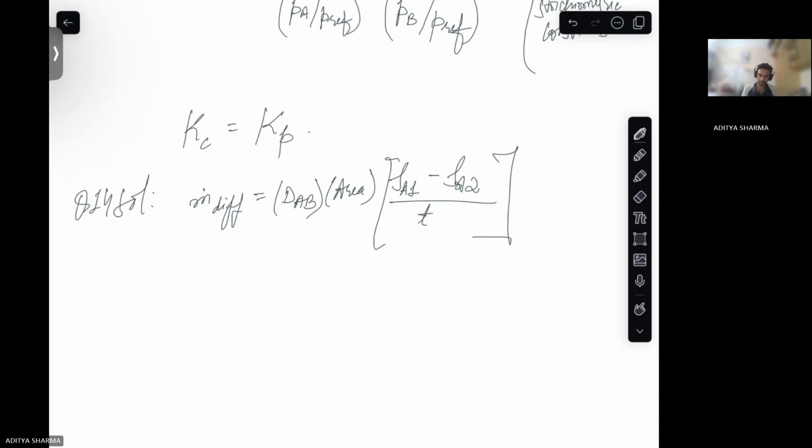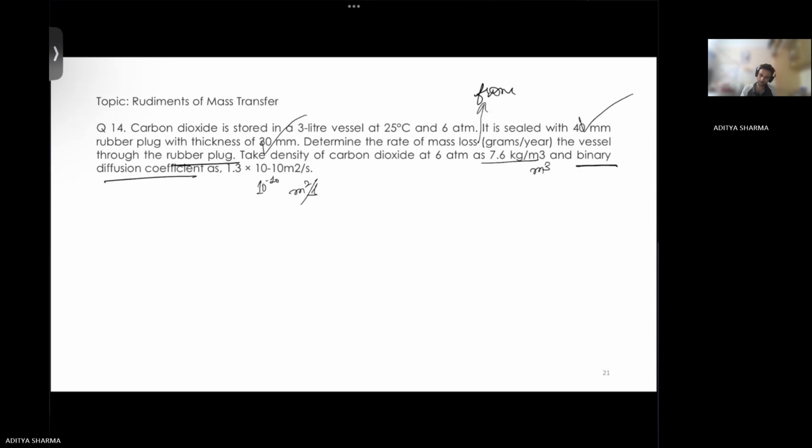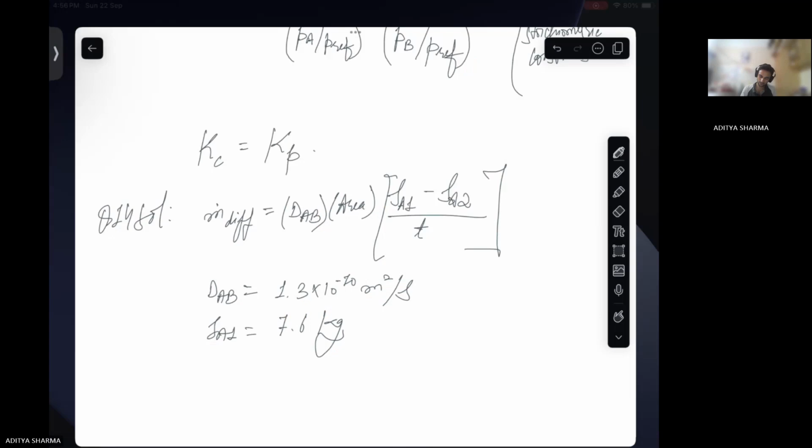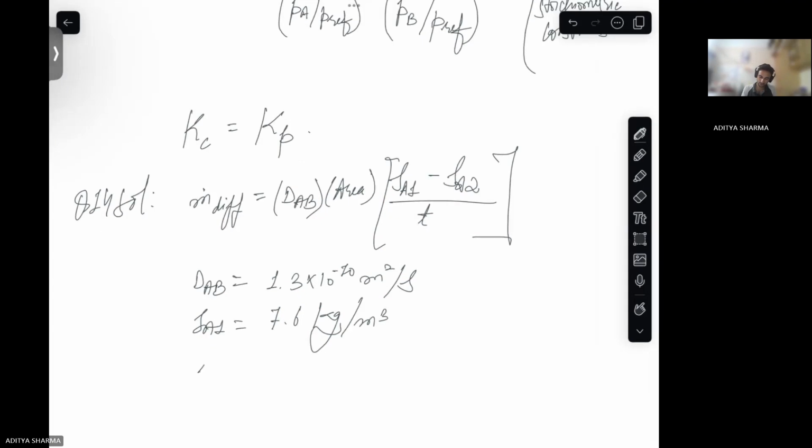Okay, so let's first write what has been given to us. This has been given to us, 1.3 into 10 to the minus 10 meter square per second. Rho A1 equals 7.6 kg per meter cube.